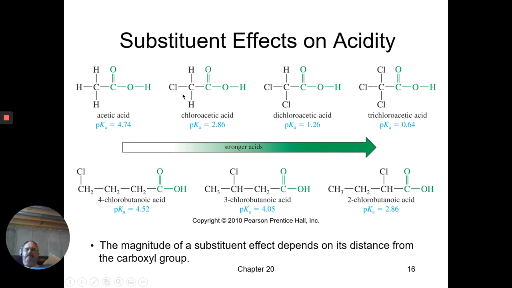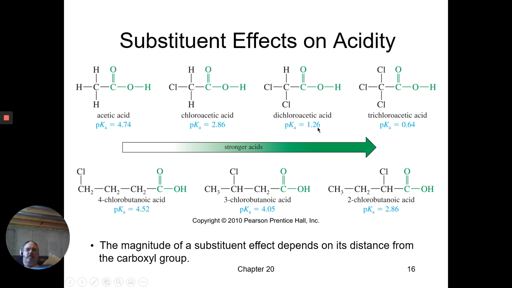If we substitute one of the hydrogens with a chlorine, the chlorine, by its electron withdrawing effect, will help stabilize the carboxylate ion. Its pKa is 2.86. That's roughly 2 pKa units, so about 100 times more acidic.